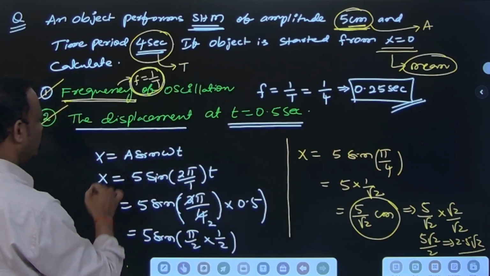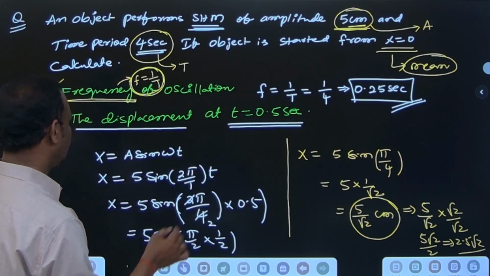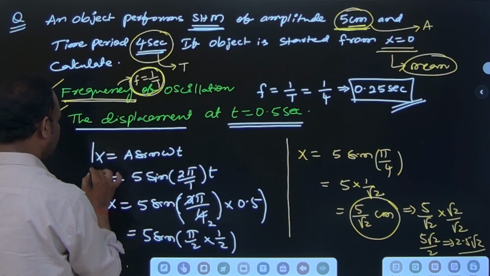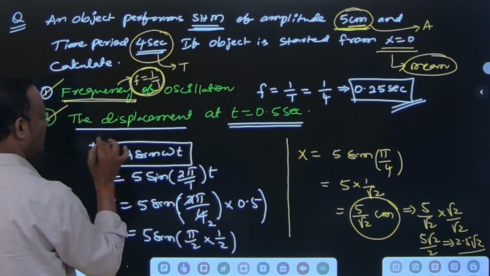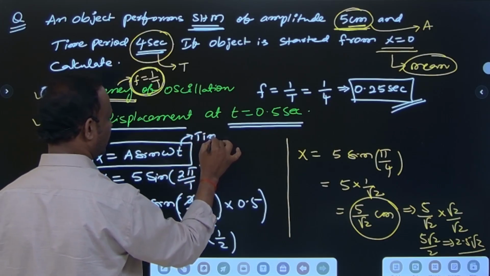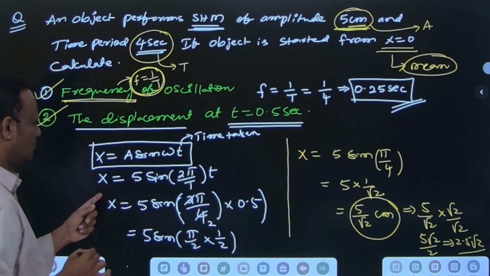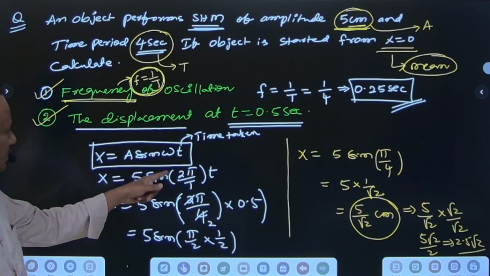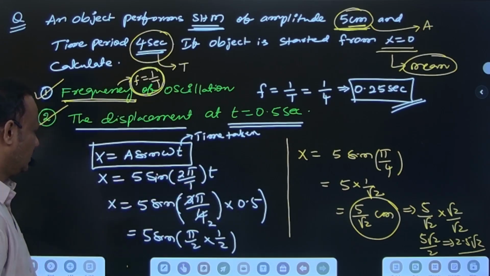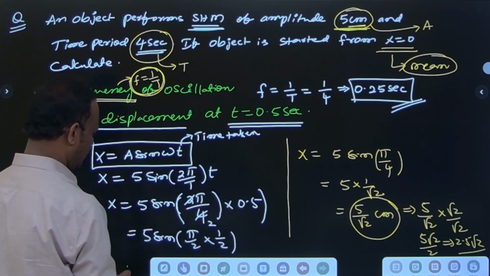Second, the displacement at t is equals to 0.5 seconds. It means the displacement as a function of time. Here time taken. So x is equals to 5 sine omega t, where omega means 2 pi by T. So 2 pi by T, T is 4 and small t is 0.5.